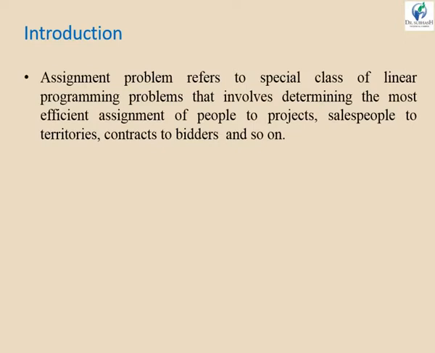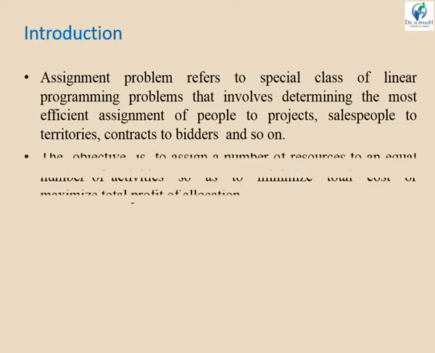It involves assigning people to a project, a machine, or an allocation, or assigning salesmen to territories or certain routes, then contractors to the bidders, and so on. So it's a special case.